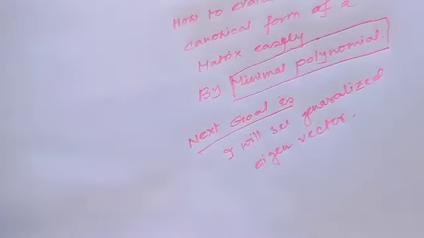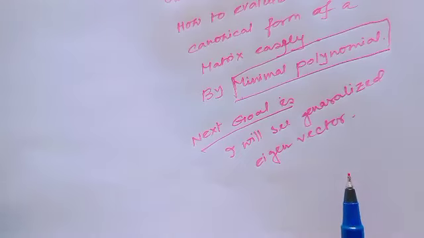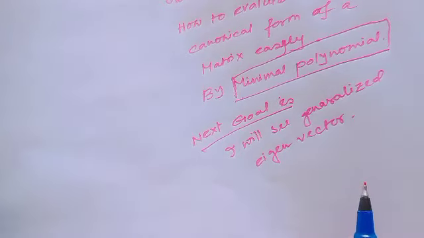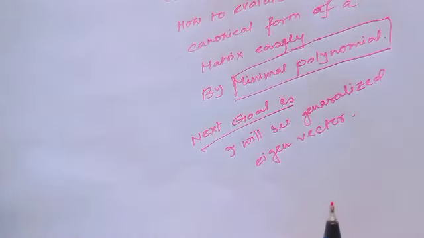Our next goal is the generalized eigenvector. When a matrix is similar to a diagonal matrix, that is, when a matrix is diagonalizable, then all eigenvectors corresponding to the eigenvalues are linearly independent, as we all know.